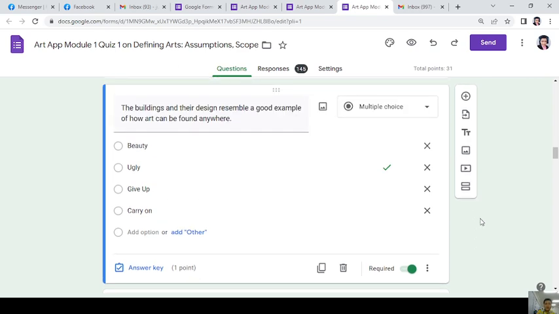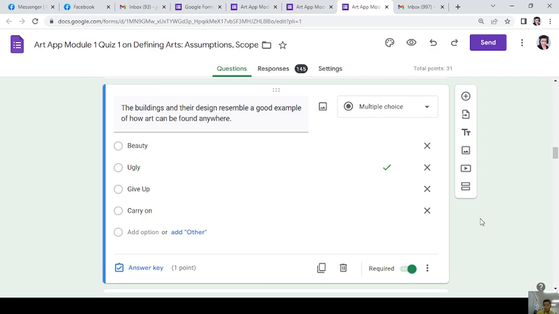Why? The buildings and their design do not just only resemble a good example of how art can be found anywhere, because art that can be found anywhere is that we are transforming something into an artwork. We are transforming a particular inappropriate or inaccurate thing into something fascinating.